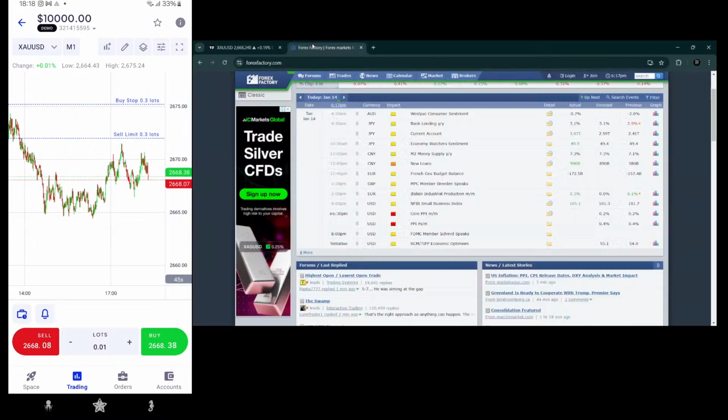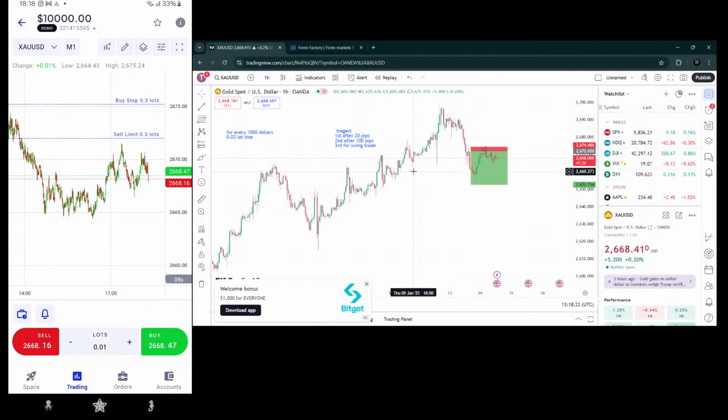So if there is any negative impact on the US dollar, the market goes up, so you take buy. I'll write here, I am writing for the people who don't even know about trading.